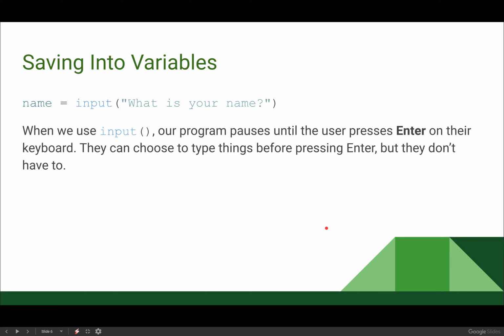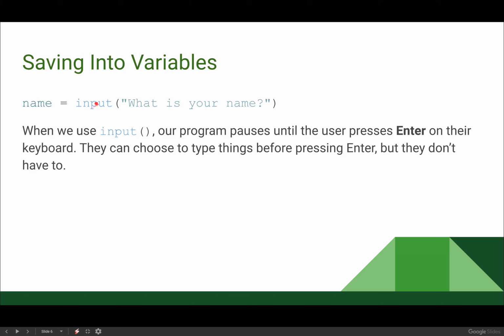So to actually save a value into a variable, we're going to create a variable and we're going to assign the value from our input function. And so whatever the user types in is what this whole side of the equal sign will equal.